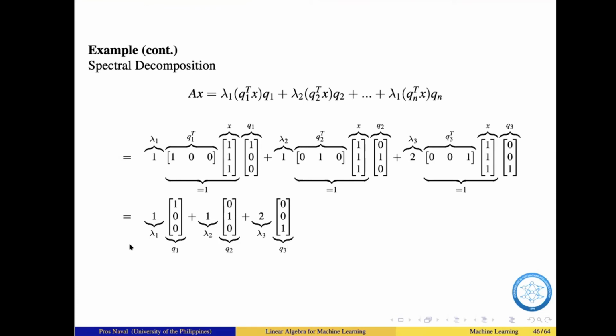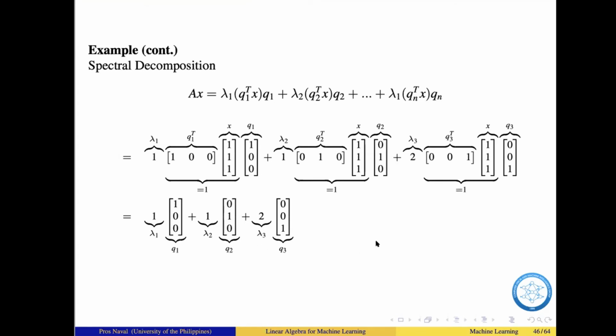Okay, so it's important to understand this. So what does the eigenvalue signify? It basically stretches your vector in a particular direction by that amount.